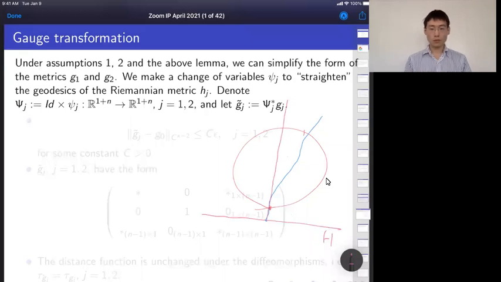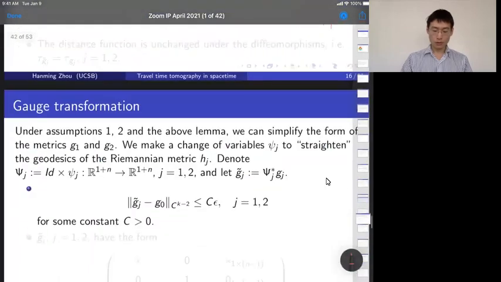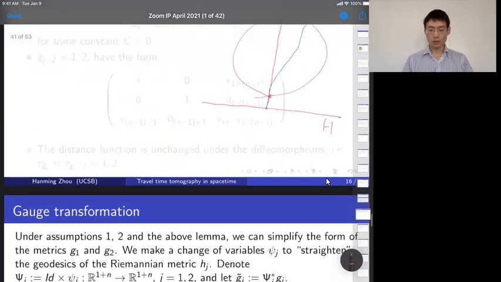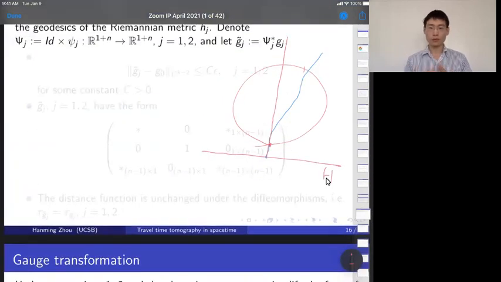So under this change of coordinates, you do it for both G1 and G2. Then under this change of coordinates, we will still have this flatness condition. When I draw this picture, the blue curve looks quite far from the red straight line, but actually, because by our assumption the metrics are very close to each other, it is more like a perturbation of this curve.